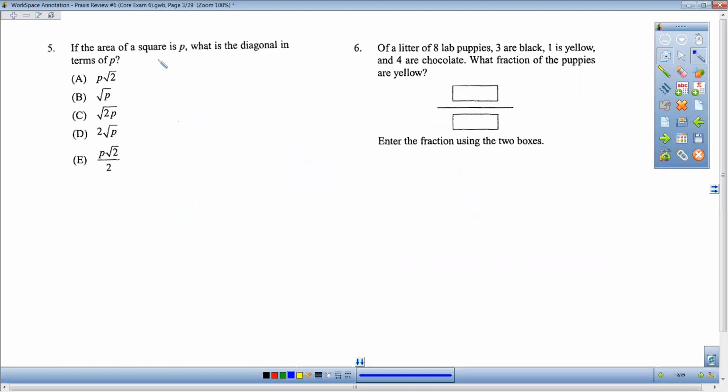So 5 says if the area of the square is P, then what's the diagonal in terms of P?